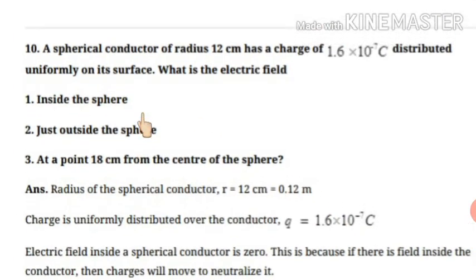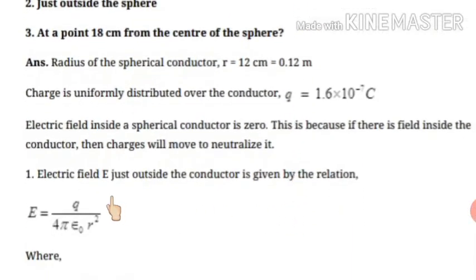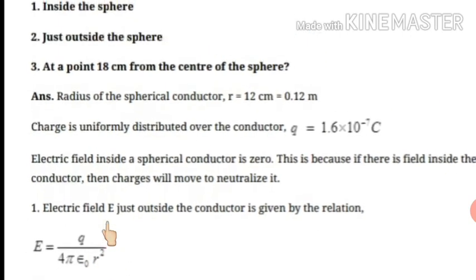Just outside the sphere. Just outside the sphere means what? The distance is equal to the radius of the sphere, that is 0.12 meter. So we know the formula for E. E is q upon 4 pi epsilon naught r square. The value of q they have given in the question. 1 upon 4 pi epsilon naught, we know is 9 into 10 to the power 9. R is 0.12 meter.